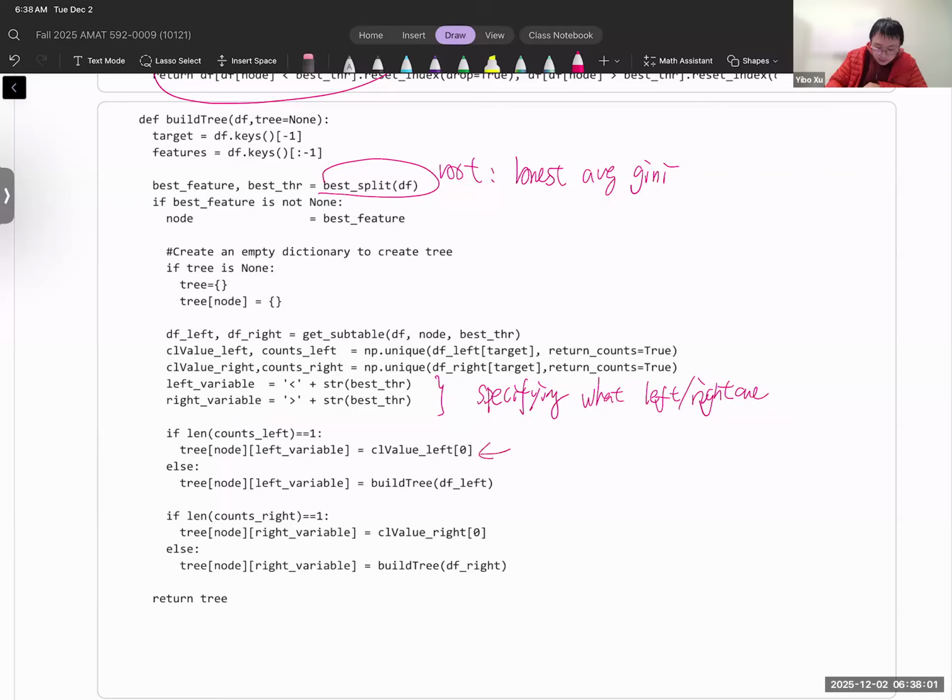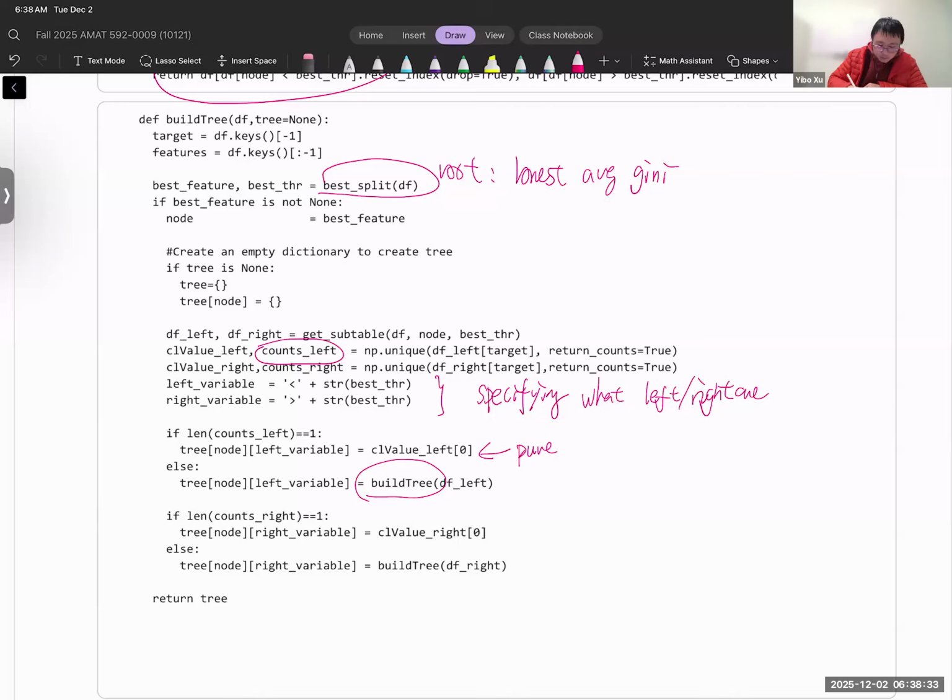So this is saying, if the value on the left here... oh, the concept is this. The concept is whether you have a unique target value. So this is pure. If the concept equals one, if this is pure, then you're done. Otherwise, you split.